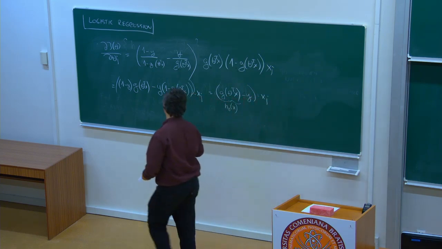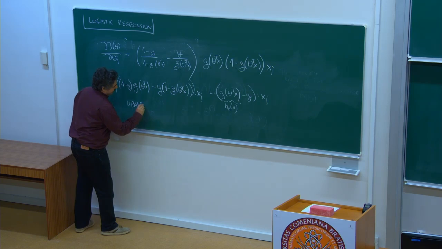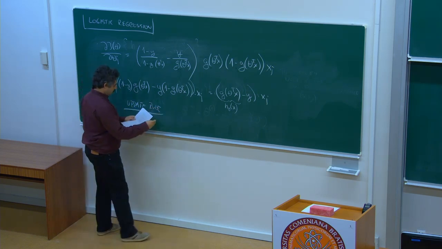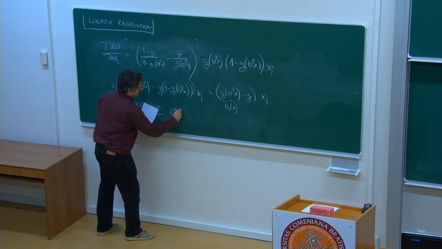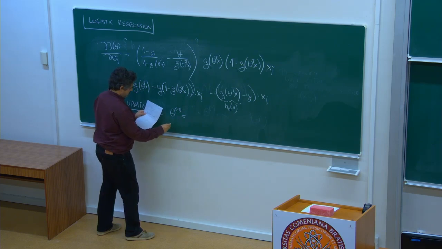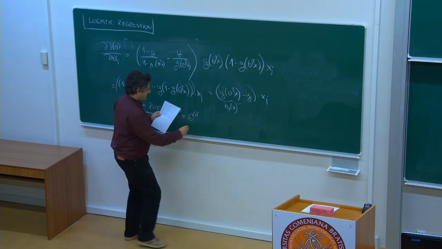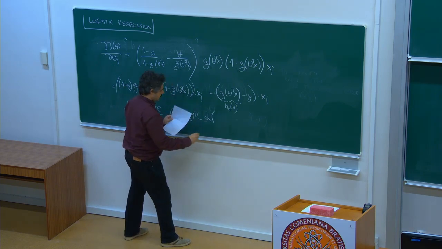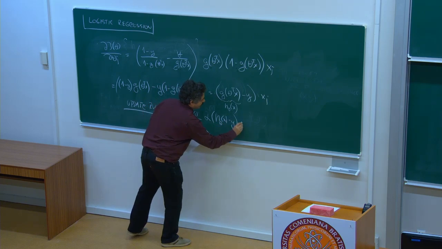So our update rule for the gradient this time will be very nice actually. So the update rule is theta i plus 1 is equal to theta i minus alpha times h theta x minus y times x.